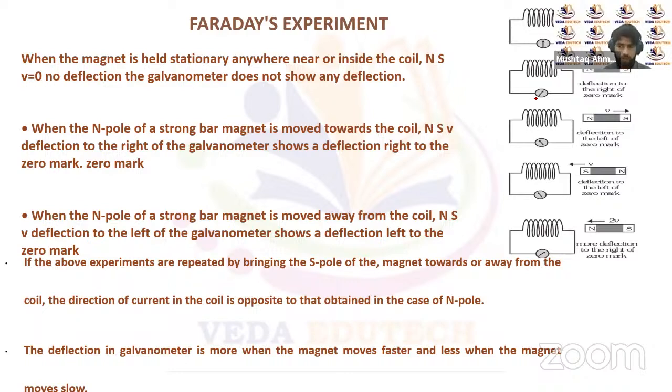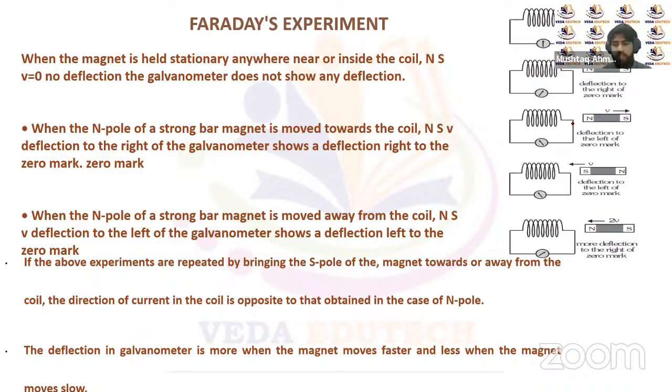Then, when the north pole of the bar magnet is moved away from the coil, the deflection was again shown by the galvanometer, but this time it was towards the left of the zero reading.